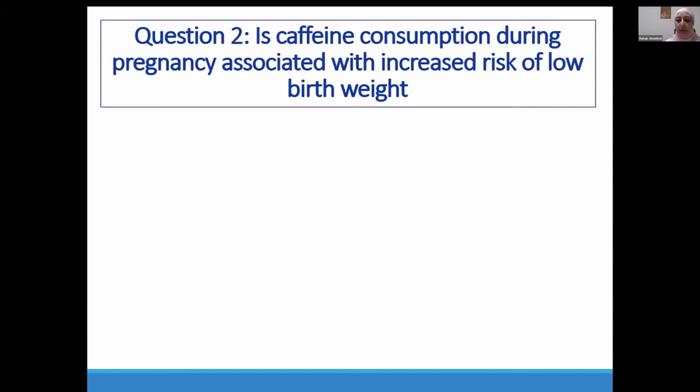Other possible exposures that may affect the birth weight of babies? Smoking. Okay, smoking. Anything else? Infection. Infection, maybe. Anything else? I think the pregnant woman can get diabetes while she's pregnant.